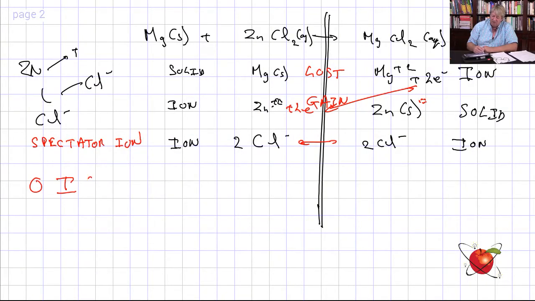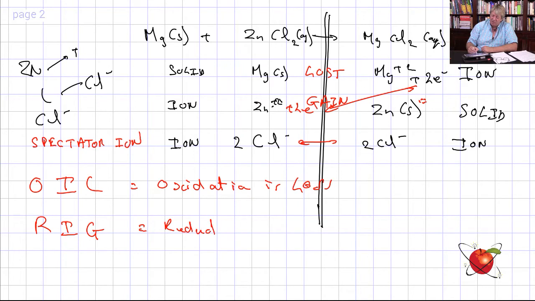Then the zinc would become the solid. And what do we say? There's an old saying, oil rig. Okay, oxidation is loss. Okay, reduction is a gain.